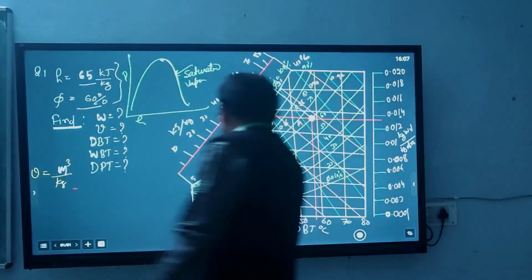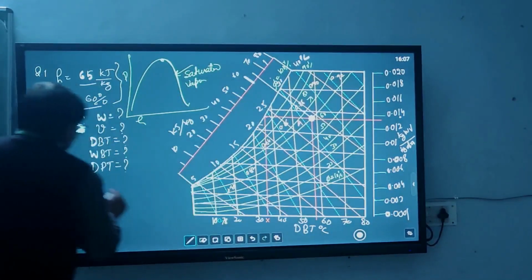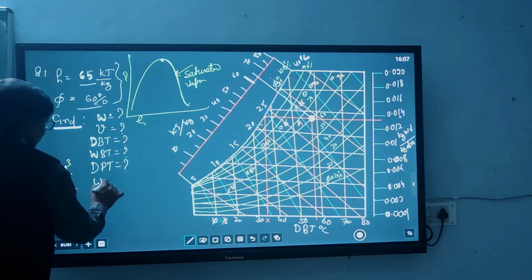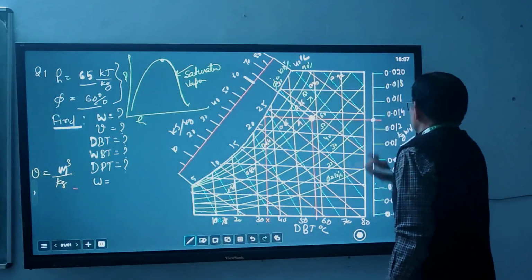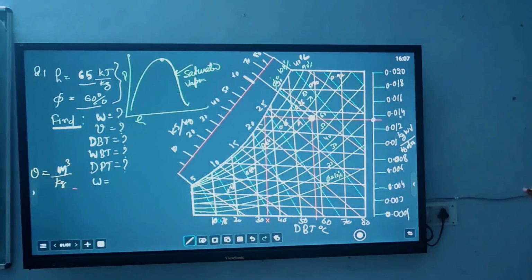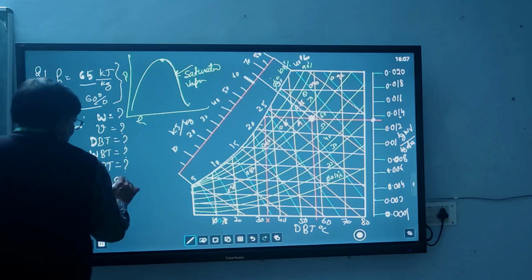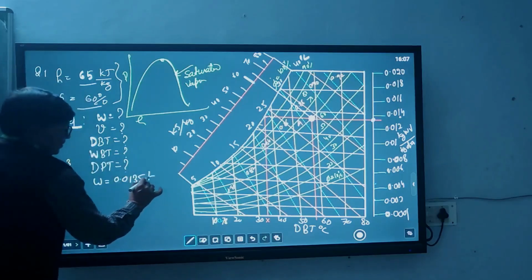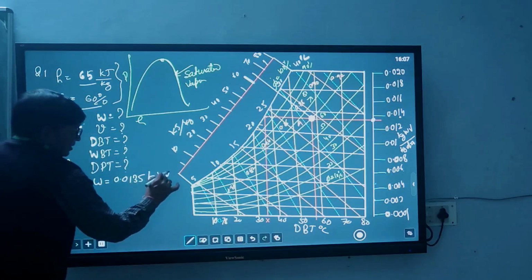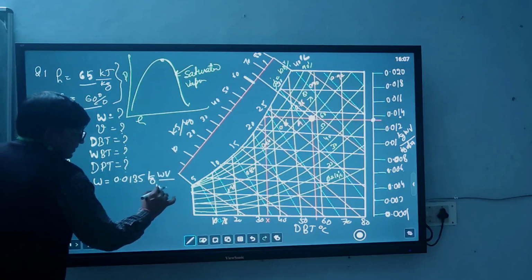Suppose we have calculated here omega. From this graph you can see at this point omega is around 0.0135 kg of water vapor per kg of dry air.